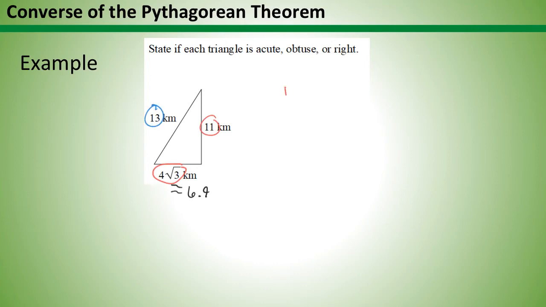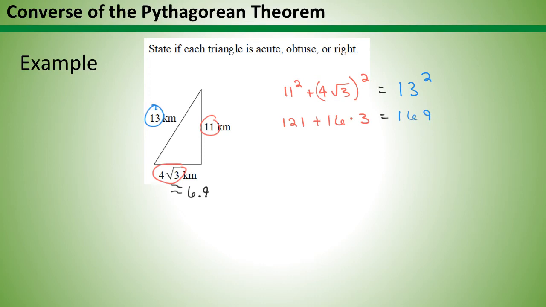Okay, so we have 11 squared plus 4 root 3, all of that being squared, and this is equal to 13 squared. Okay, so 11 squared is going to be 121, plus 4 squared is 16, root 3 squared is 3, and that's equal to 169.